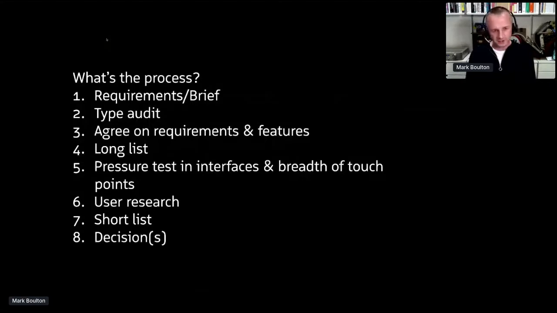Something that is a little different is this type audit. And then we agree on the requirements and the features. We get together a long list, and then we use a test, we iterate, we pull that long list down to a short list, and then we make some decisions based on some recommendations. It's not too different to many other design processes that many of us do day in, day out.